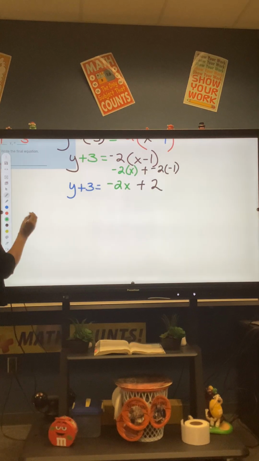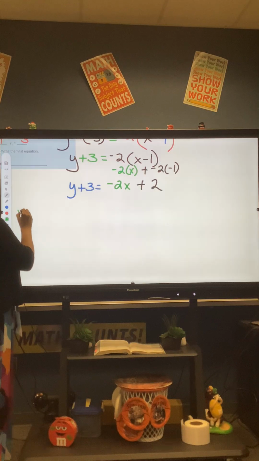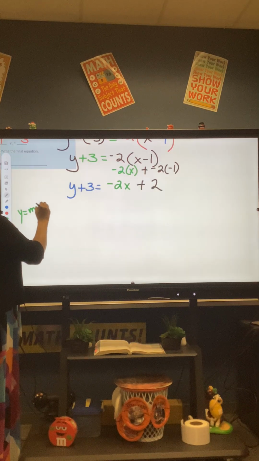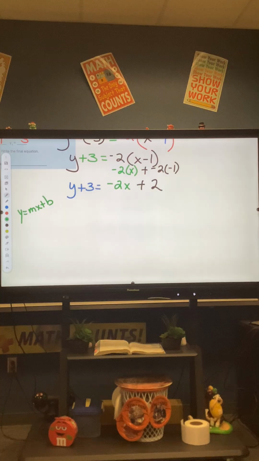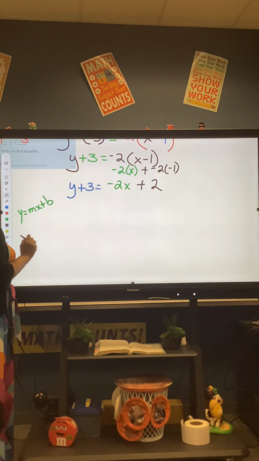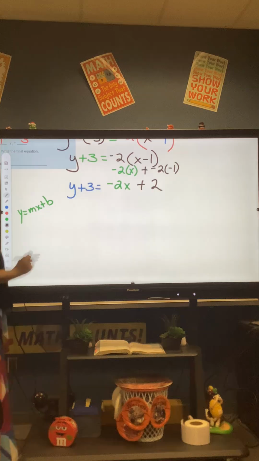Now I want you to write this in slope intercept form. That means I want the y by itself. So guess who got to move across town? How do you isolate the y? Who has to go? Who needs to move around if I want y by itself?